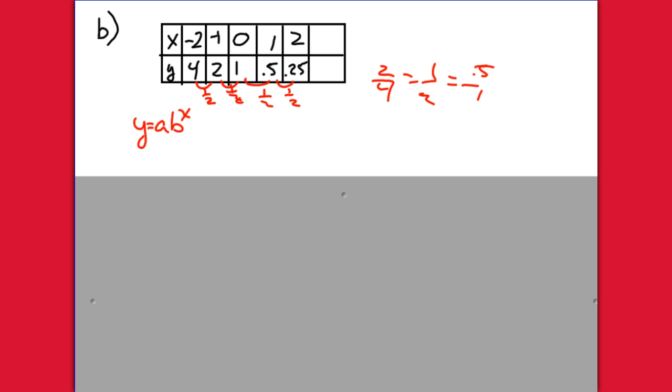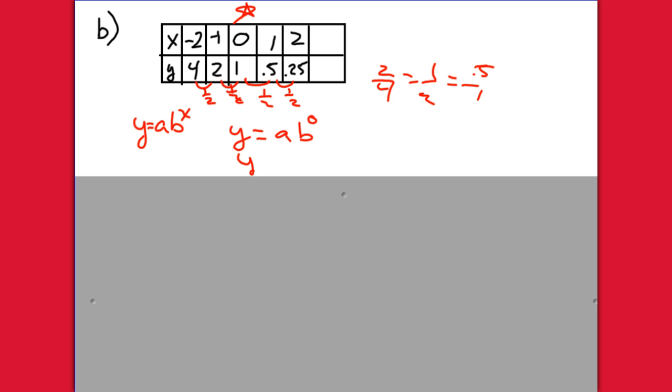0, 1. So when you plug in 0 for your exponent, what happens to the b value? It becomes a what? No! Any number to the 0 is? 1. Okay, so when we plug that in, we can say y equals a times b to the 0, right?